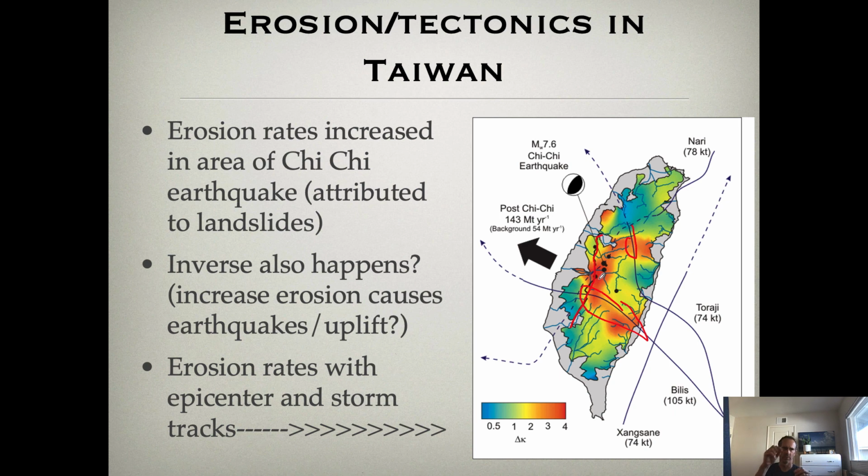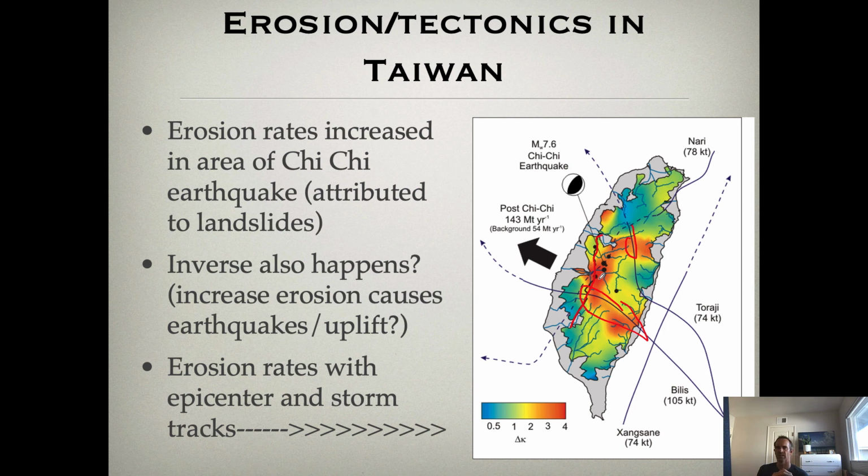And then they can compare the location of that increased erosion, and they find that they get increased seismic activity in that area, probably because the removal of material due to erosion is lightening the hanging wall of the fault. So it unclamps the fault a little bit and allows it to move.